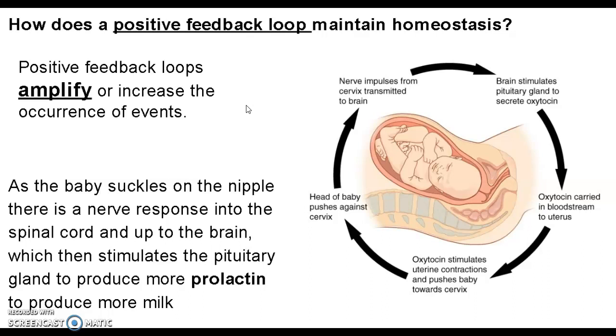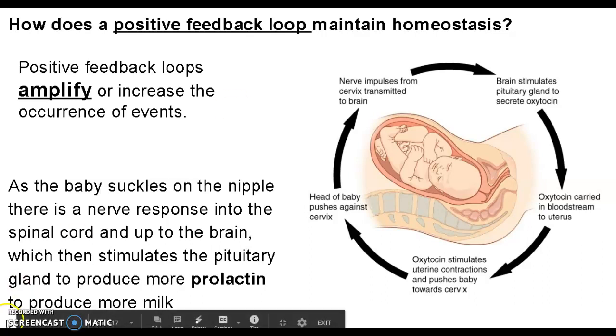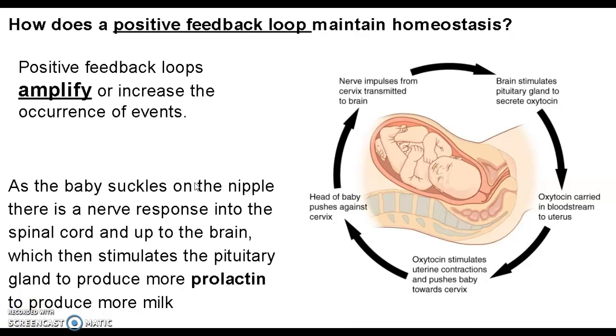Positive feedback loops do not return the body to a set point the way negative feedback loops can. Instead, they bring your body further and further away from a set point. So, for example, let's say temperature was controlled by a positive feedback loop. If you got cold, a positive feedback loop would make you colder and colder and colder.